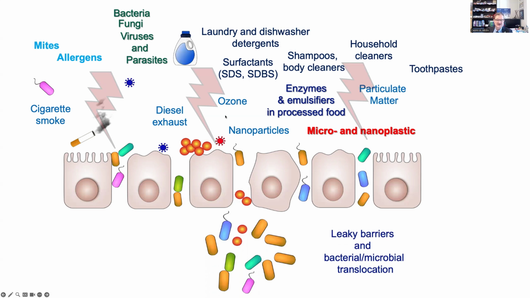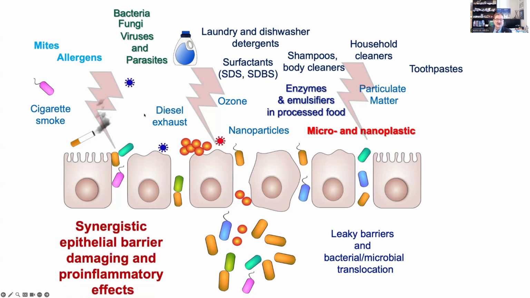So these microbes go deeper in the tissues, and there is a microbial translocation, which we can see very easily in our gut biopsies, or also in chronic rhinosinusitis biopsies and skin biopsies, that the microbes are going deeper in the tissues. And these substances also have a synergistic effect. Epithelial barrier damaging effects and pro-inflammatory effects work in synergy.